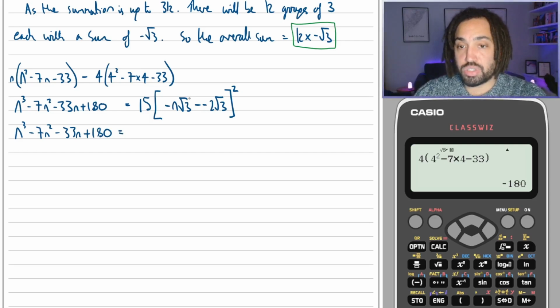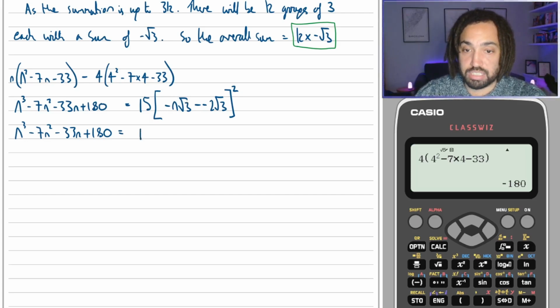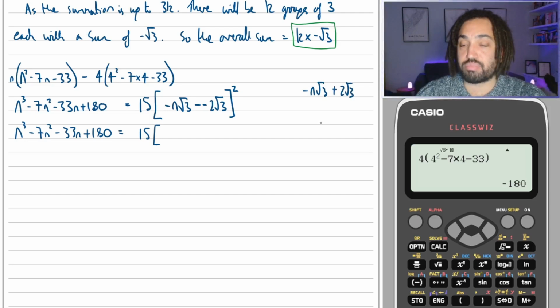Okay, so in squaring this, I'm going to get this term. In fact, let's not rush this. Let's make this nice and clear. So this is the same as, what do we have? We have minus n root 3 plus 2 root 3, which is the same as root 3 times 2 minus n, like that, which then needs to be all squared.